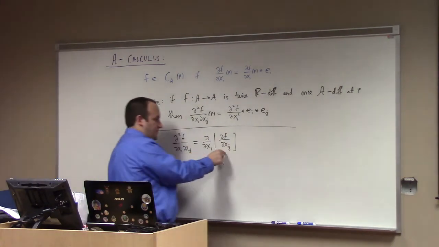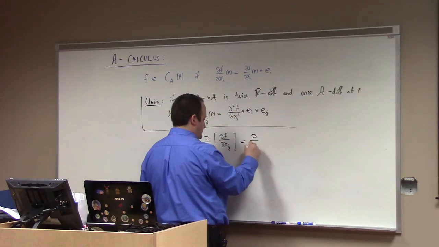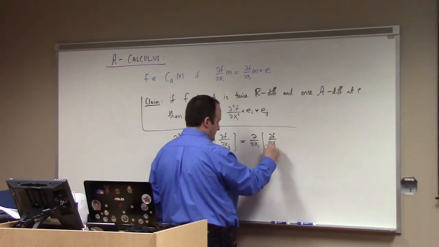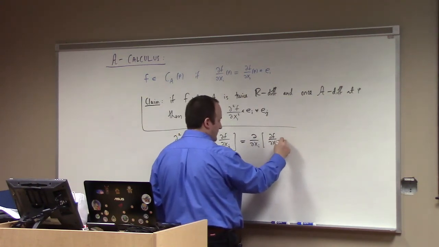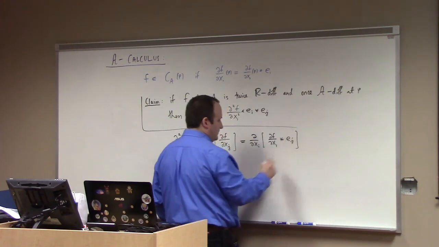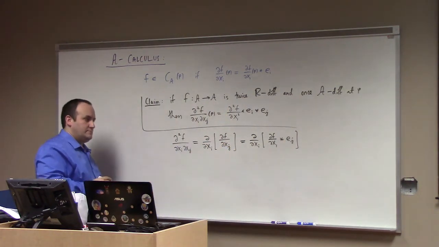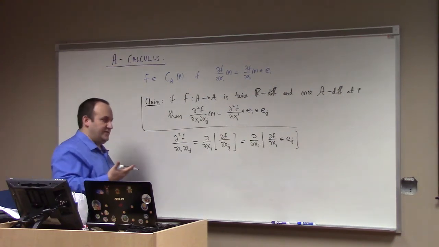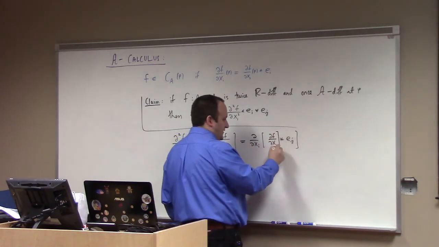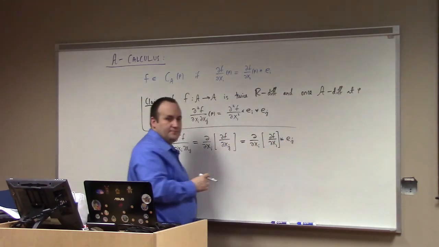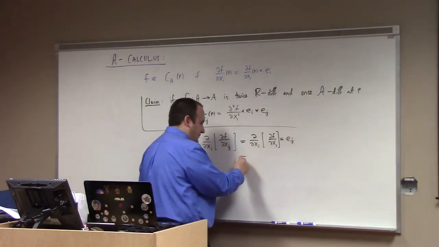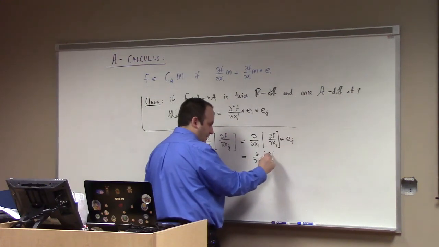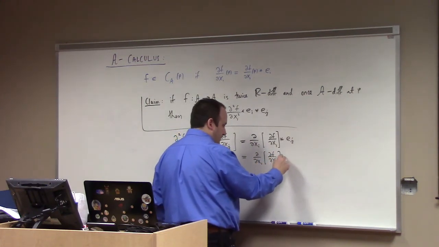But we can trade this for partial x1 times ej, right? But the ej has no dependence on xi, so if you'll allow me this slight cheat there. But then by usual calculus, we can commute the partial derivatives.